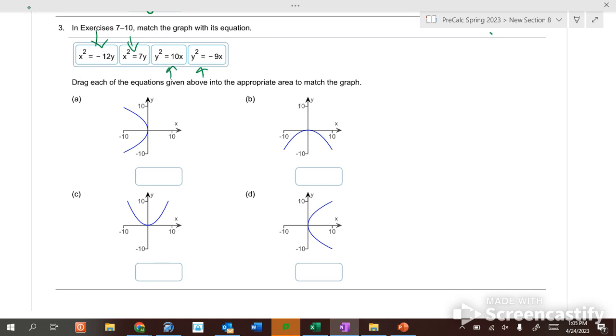Now, this one is positive, so it must be going up. So x squared equals 7y is that one. This one's negative, so it must be going down. And then we have a left and then a right.